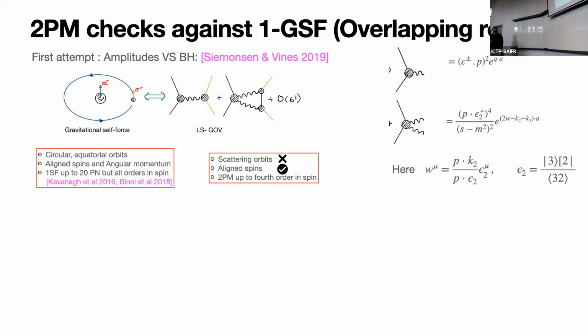So you have to find a way of comparing the predictions from these two kinds of computations. This computation was done for black holes with aligned spin on circular equatorial orbits. There are analytic results for these for observables like the redshift or the precession frequency at very high orders in the PN expansion, so we should definitely be able to compare to the scattering angle prediction.